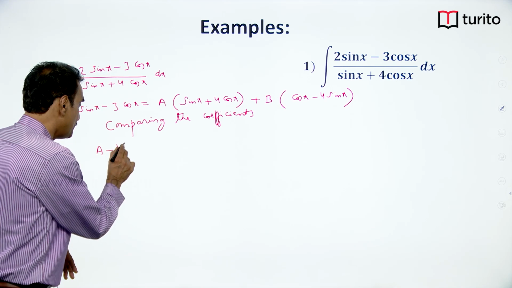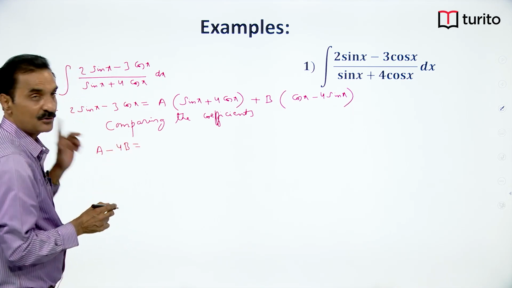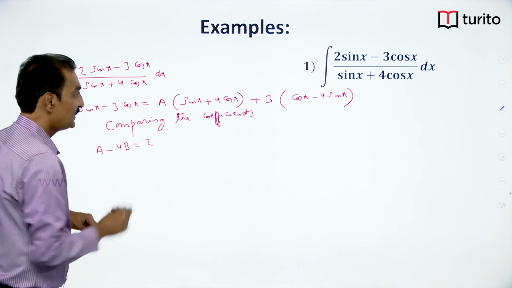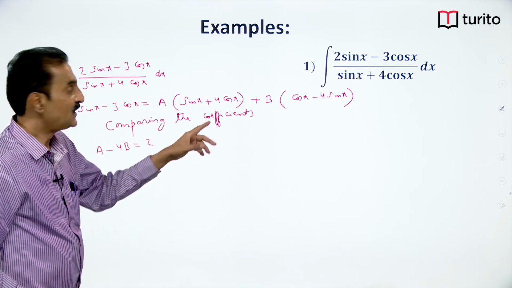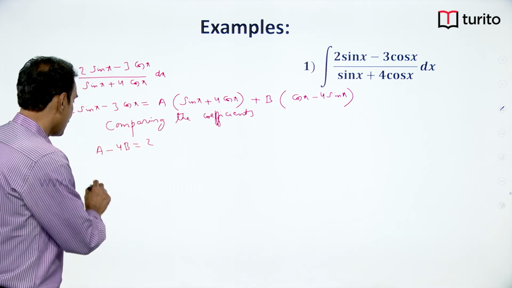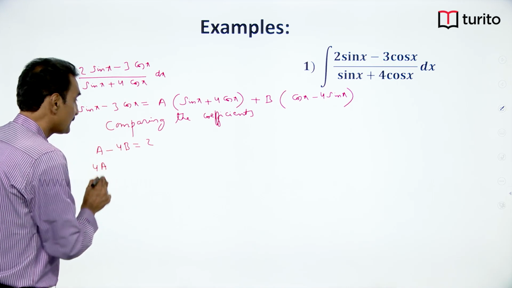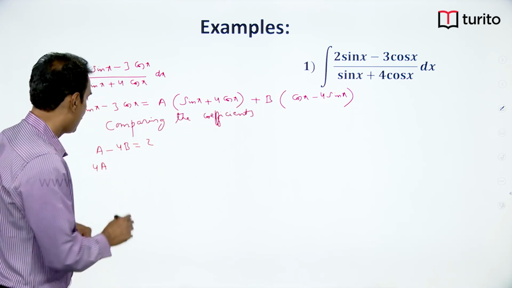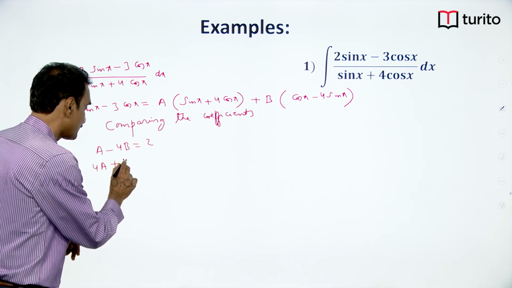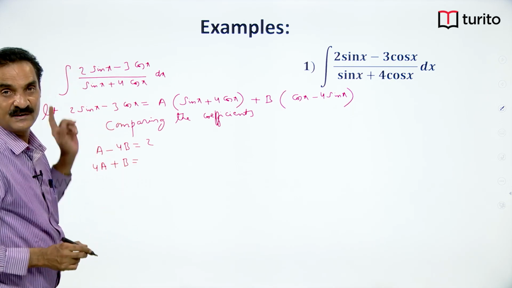So a minus 4b is equal to 2. Comparing the coefficient of cos x, 4a plus b is equal to minus 3.